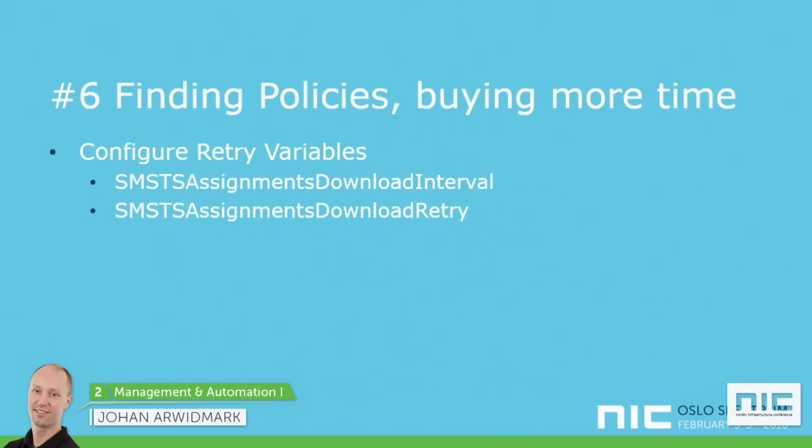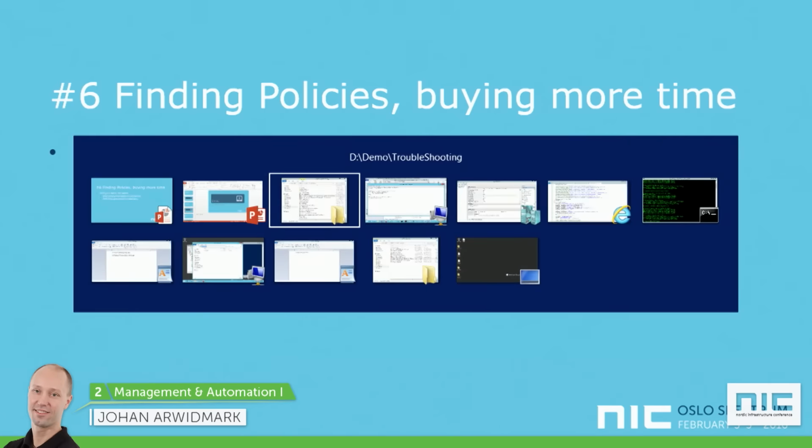How do you fix that if that happened to you? You set these variables. Okay, cool. How do you set these variables? You can't really set them in the sequence because the problem you are having is that you don't get the sequence. You don't get the policies down to the client quickly enough. So how do you fix this? You do some magic.